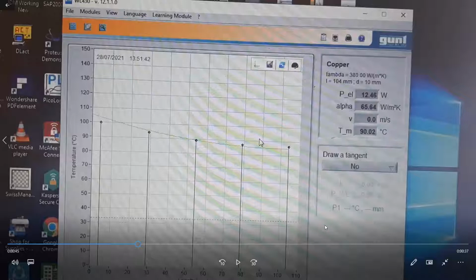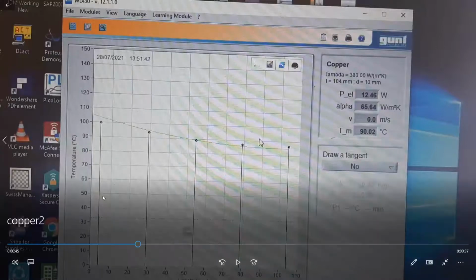If you know the diameter of the rod, and the temperature difference over some length, with the temperature in five different places, you can easily calculate the heat flow rate.